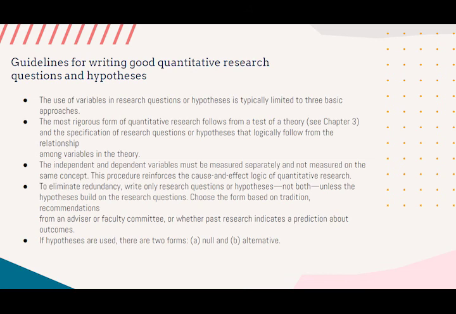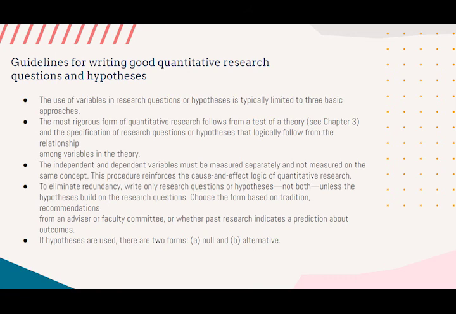The use of variables in research questions or hypotheses is typically limited to three basic approaches. First, the researcher may compare groups on an independent variable to see its impact on the dependent variables.